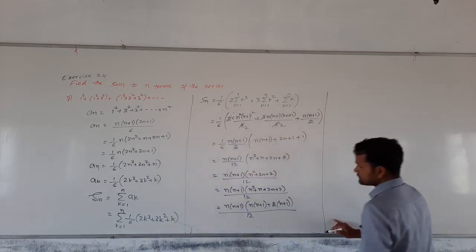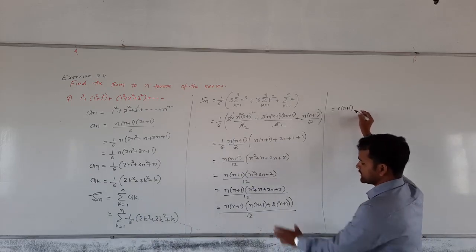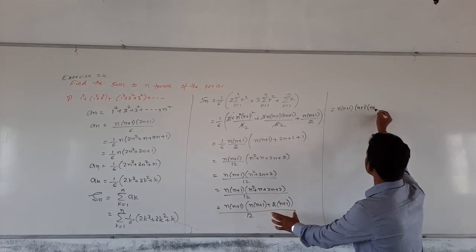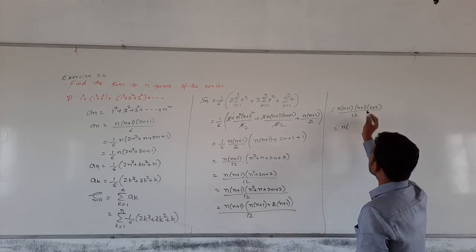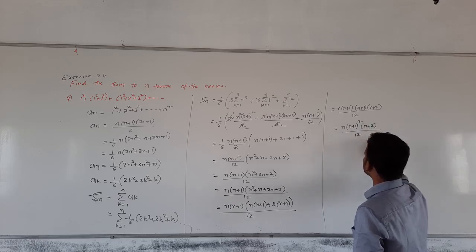Now n into n plus 1 into, from these two terms n plus 1 is common, into n plus 2 whole divided by 12. n into n plus 1 into n plus 1 is nothing but n plus 1 whole square, which is multiplied with n plus 2 whole divided by 12.